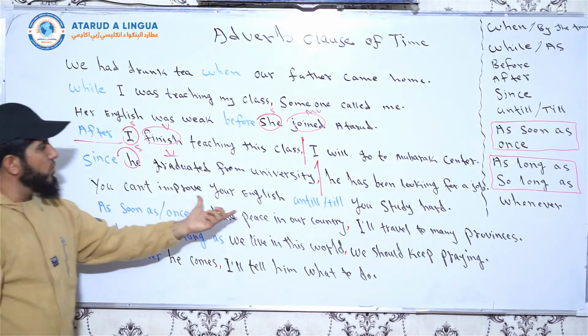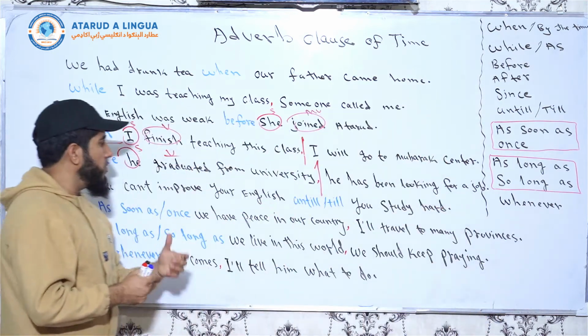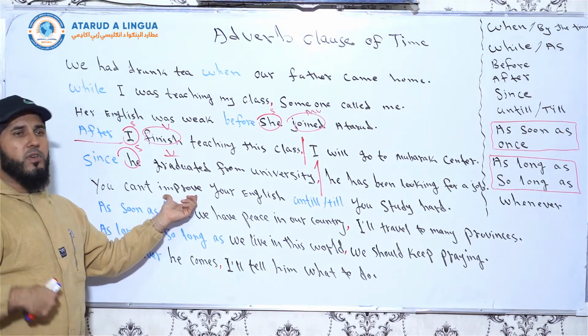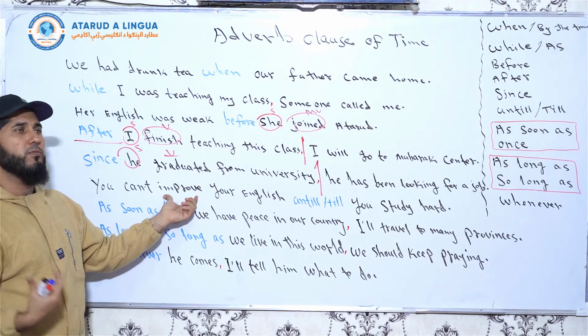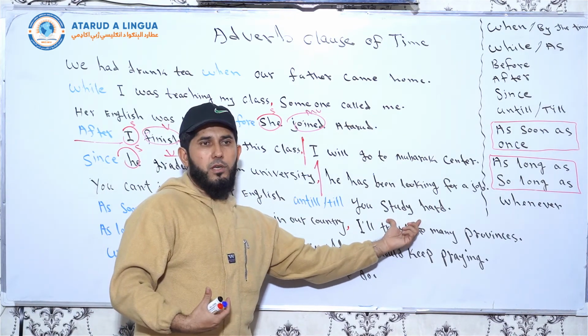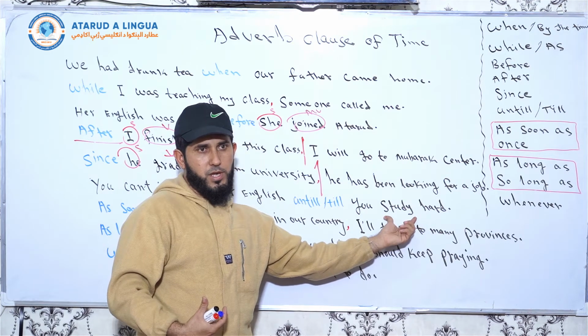And you can't improve your English until or till you study hard. So now, this example means that the action of improving will not take place, or the state of improving will not take place until this action in your adverb clause of time happens. So this should happen first, okay?